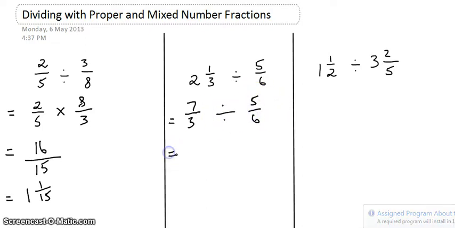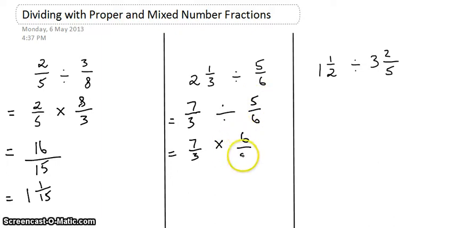Now if you remember what to do from before, we write the first bit, turn our division into multiplication, and we're going to invert our last fraction. Turn it upside down. Now we can see whether there are numbers in our fractions where we could find common factors, and I'm seeing one straight away.